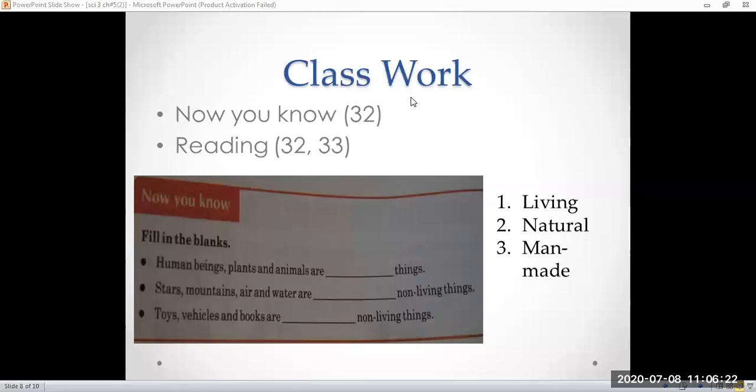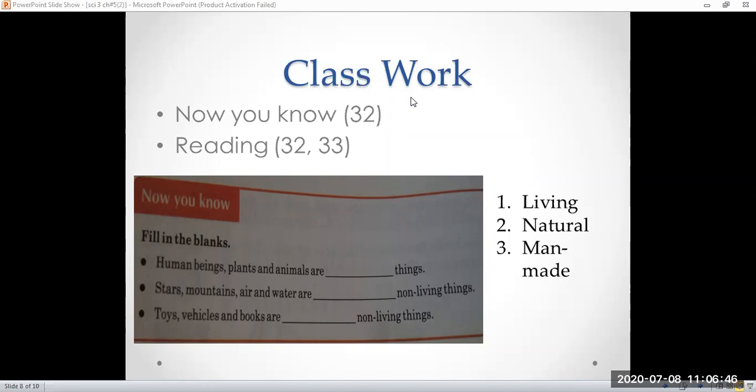Living things can move. Do you know that plants cannot move from one place to another like animals, but they also show some movements.